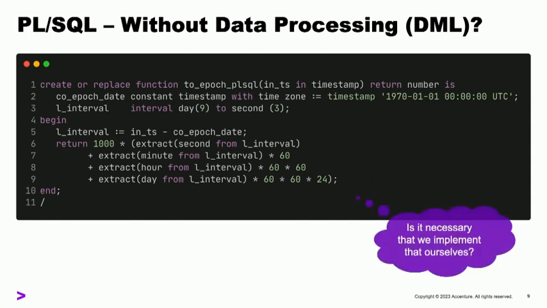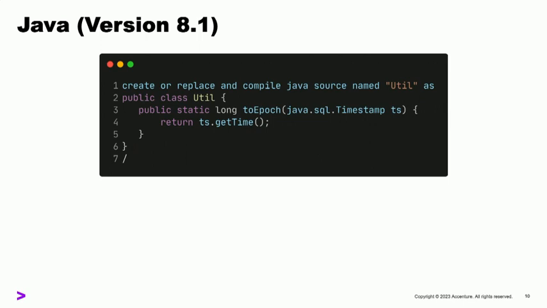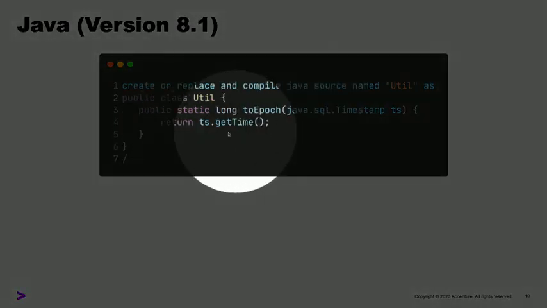And that brings me to the next thing, Java, introduced in 8.1 as the big thing. And Java has a JDK, and the JDK provides a lot of functionality. One of the functionalities is that I can get the Unix time as a function. Here we see it as getTime.